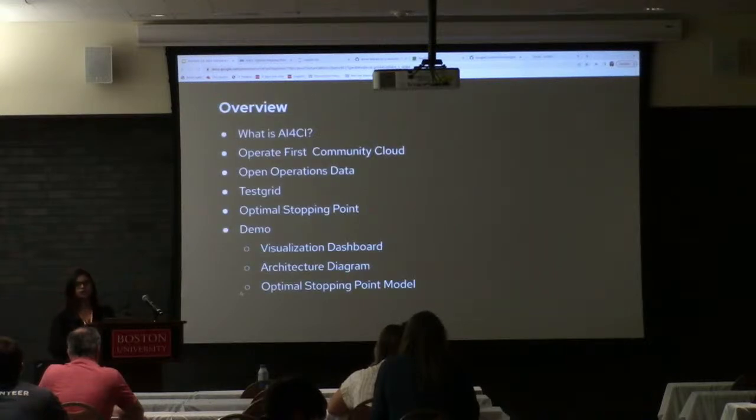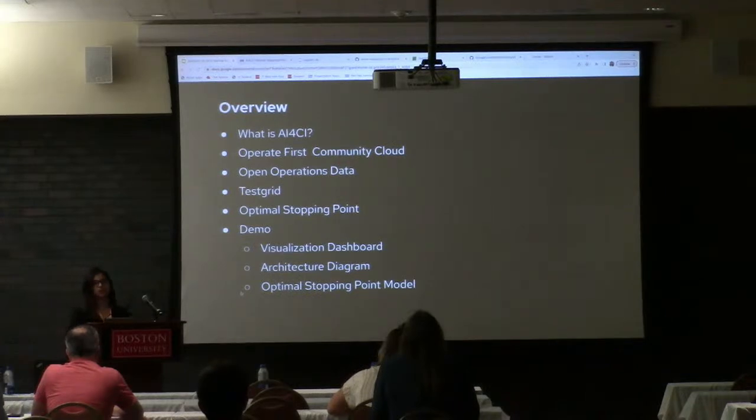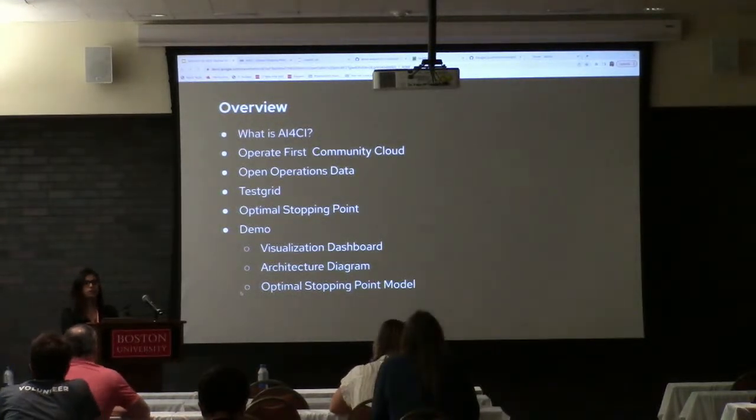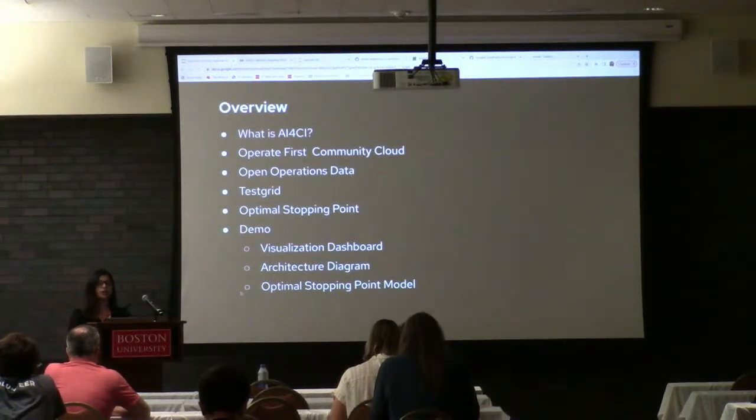So let's give you an overview of what you are going to learn in this presentation. We will introduce you to the project that we've been working on called AI for CI. Then we'll introduce you to Operate First Community Cloud. Moving forward, we'll share what kind of open operations data is available to us and how we are using it in this project.